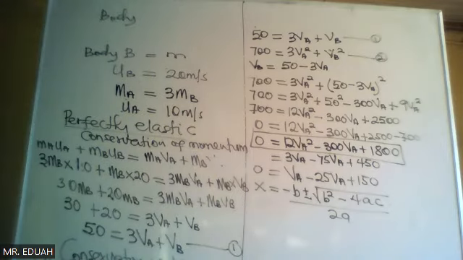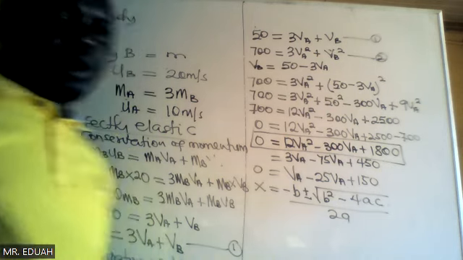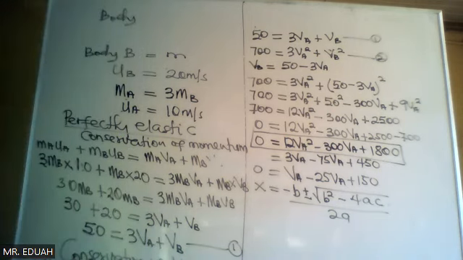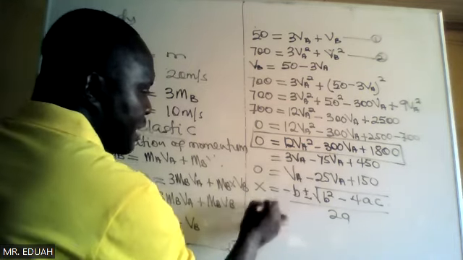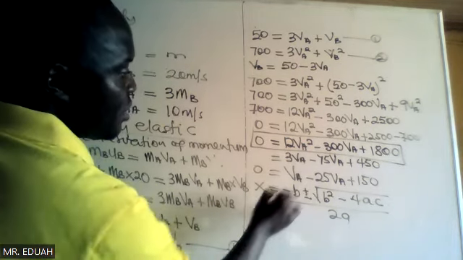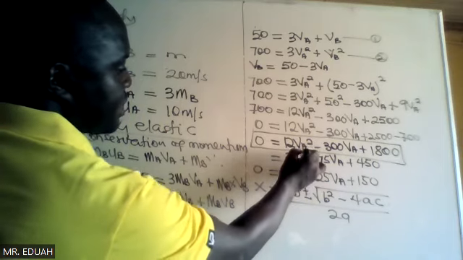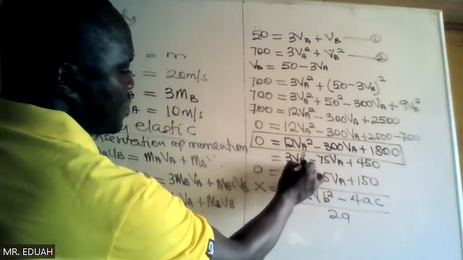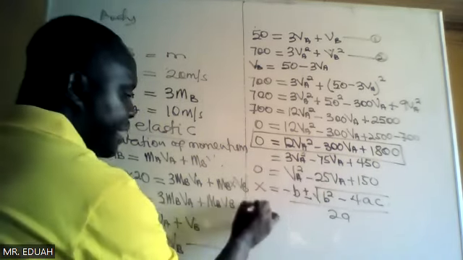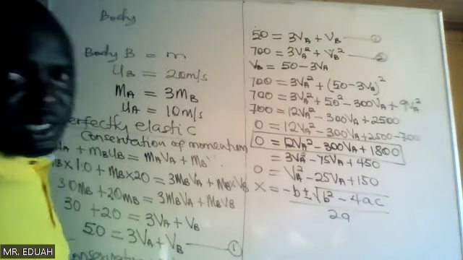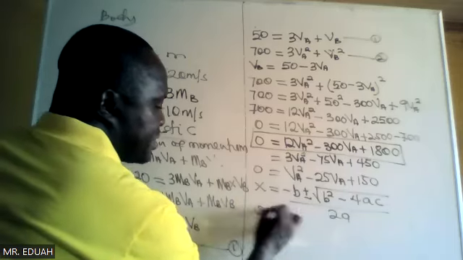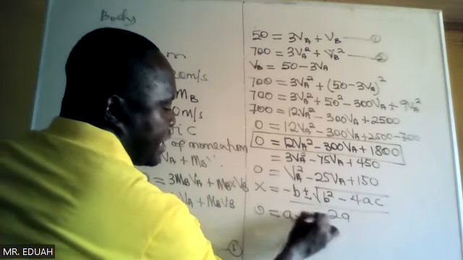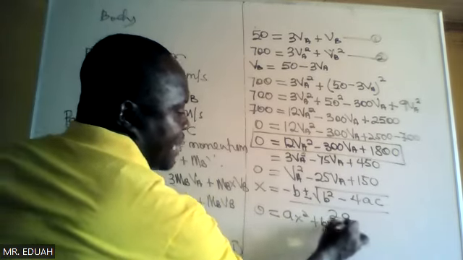All right, so whenever you are solving problems, quadratic and linear, this is what you do. We are comparing VA squared to the quadratic equation formula: 0 is equal to ax squared plus bx plus c.